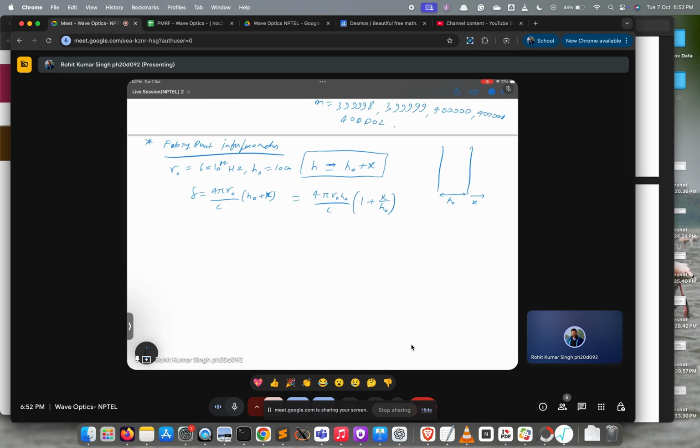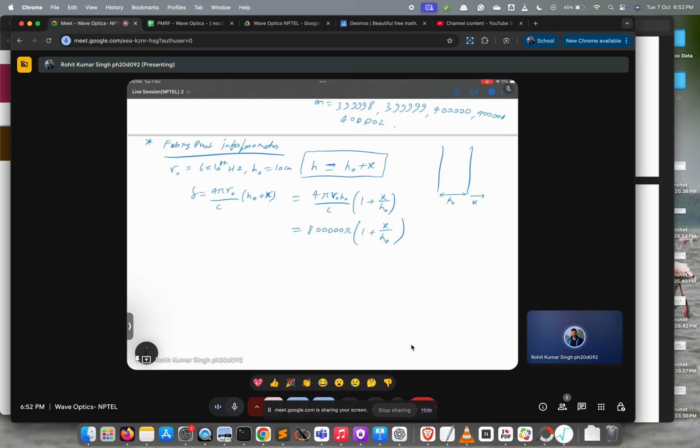Okay, so if you calculate these, everything is given. H naught is given, mu is given, frequency is given, speed of light, you will get 8 lakh into pi. So pi we are keeping as it is, and in the bracket you will get this.